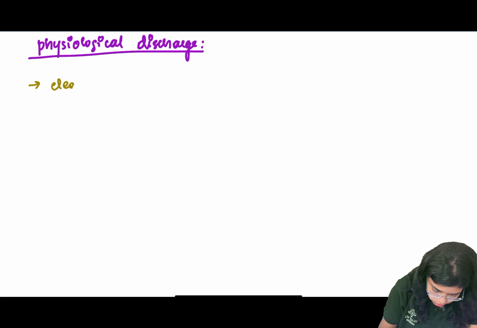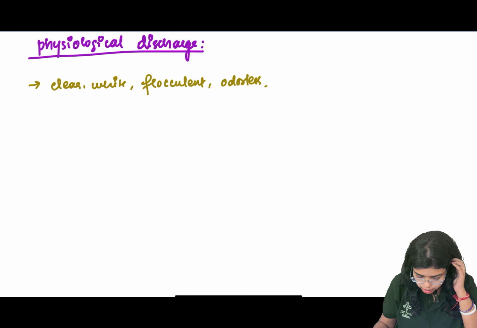So what is the characteristic of physiological discharge? If a patient comes to the OPD complaining of white discharge, you have to know whether it is physiological or pathological. Physiological discharge is clear, white, flocculent, and odorless.